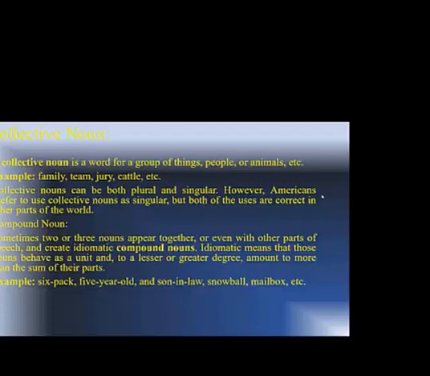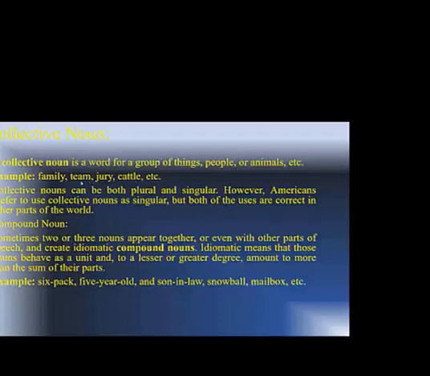However, the Americans tend to prefer to use collective nouns as singular because they are a single group of people to them. I mean, to the American, a family is a single group of people, and it can be families or teams or juries.